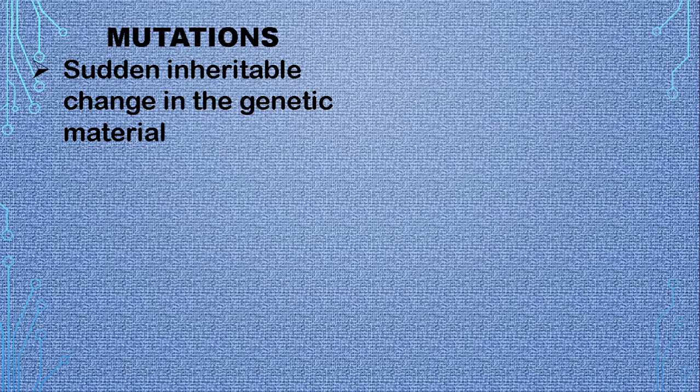Now if a change occurs in one or more of the base pairs in DNA, that might result in a mutation, provided the expression of those particular base sequences changes from what they were previously expressing. If such changes in base sequences are inherited, that means they are passed on to the next generation, then it can be called a mutation.